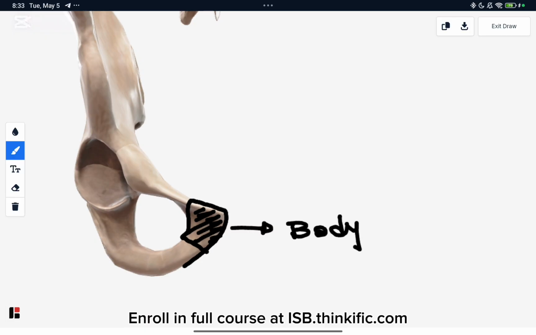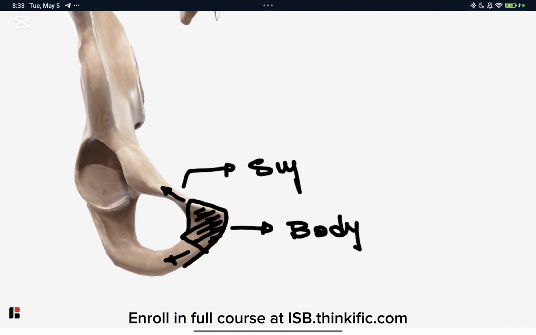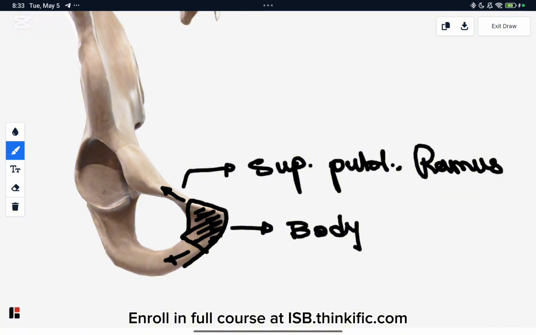And from the body, 2 rami emerge. A ramus moving superiorly and a ramus moving inferiorly. The one that is moving superiorly is referred to as the superior pubic ramus, and the one inferiorly is called the inferior pubic ramus.